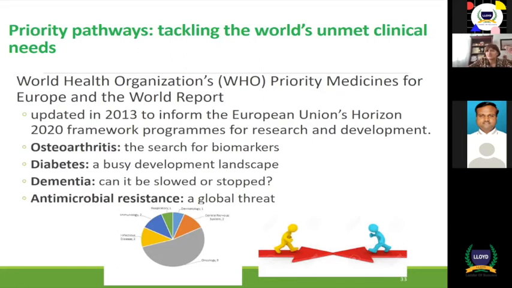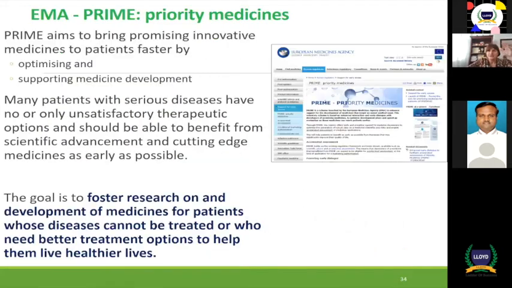Here are listed osteoarthritis, diabetes, dementia, antimicrobial resistance. You can check the WHO website, and also you can see what kind of challenges are still on the earth to be solved. So those projects are financed now by different grants which go for these unmet clinical needs, not about something which is already discussed many times.